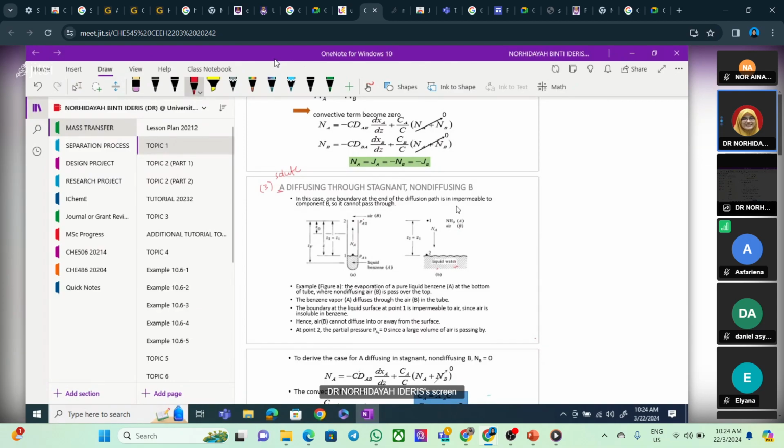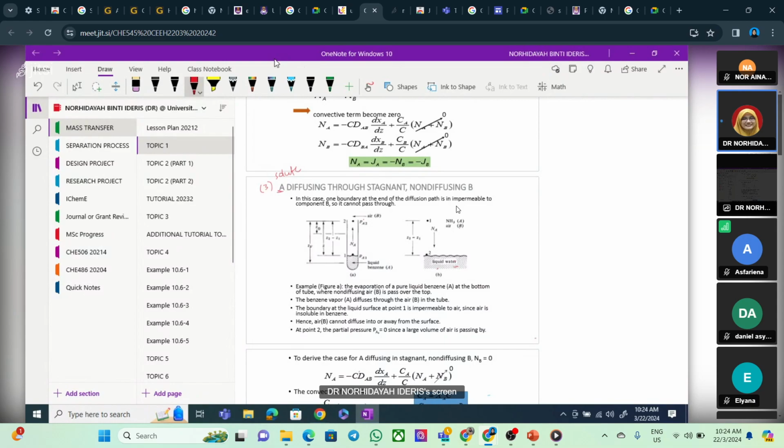Okay, in this slide we have the two most common examples of solute A diffusing through a stagnant non-diffusing B. In this case, one boundary at the end of the diffusion path is impermeable to component B, so it cannot pass through. There are two examples here for you to understand.